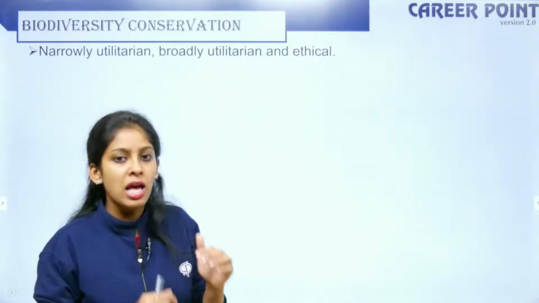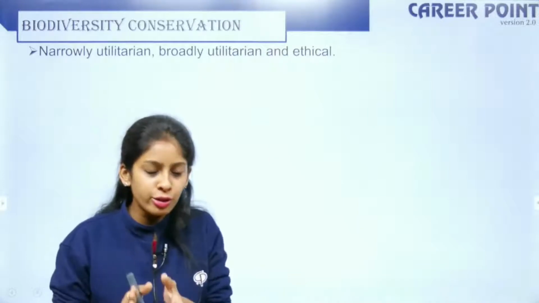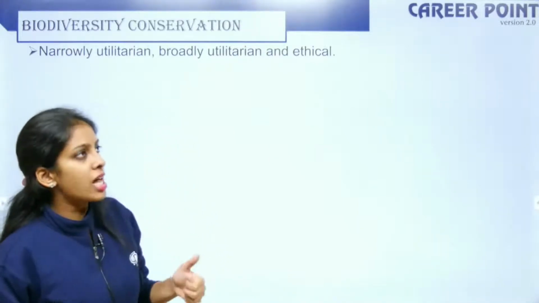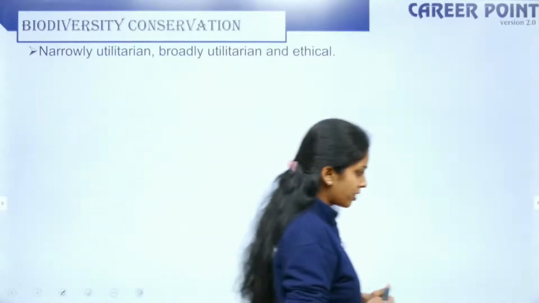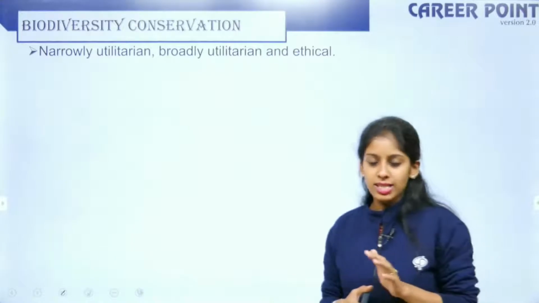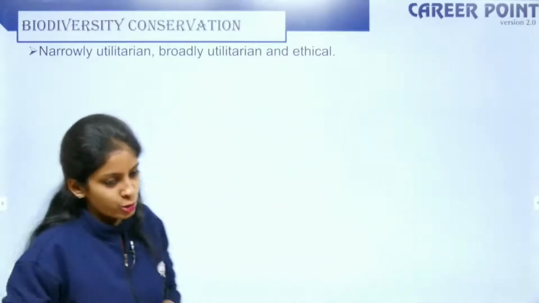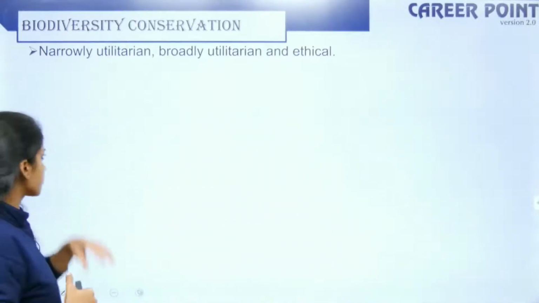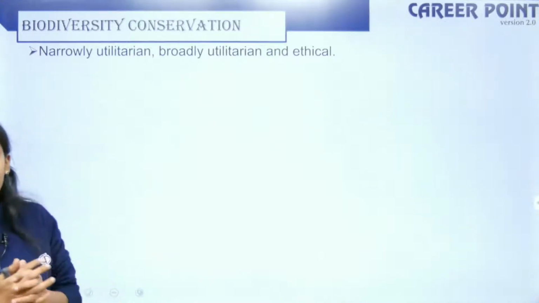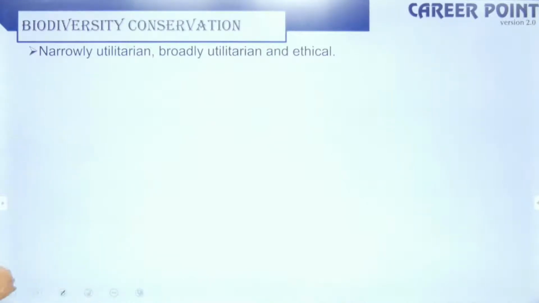That is the main cause, and all the others then added fuel to the fire. It started with habitat loss and fragmentation, then co-extinction. So these are some of the reasons. Alright, so the main cause is the first one. So how are we going to conserve it? At the end of the day, all of us need a solution. So what is the solution?